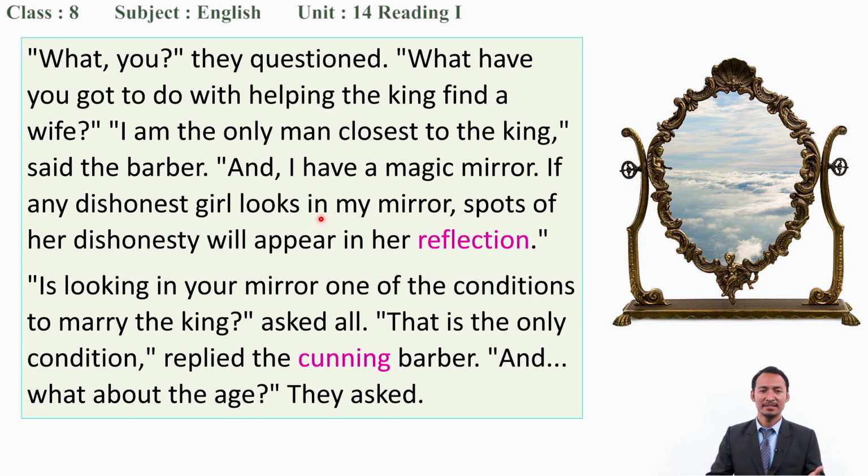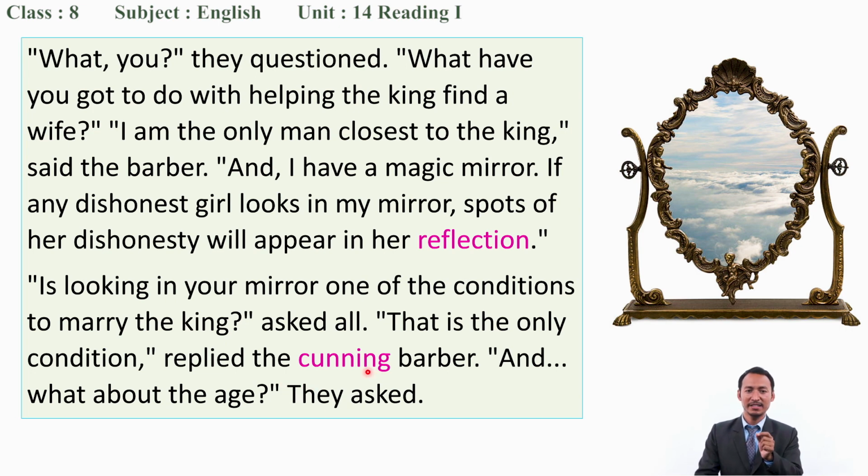Barber says this thing. Is looking in your mirror one of the conditions to marry the king? Asked all. All were surprised and asked. सबैले सोध्छन् तिम्रो मिररमा हेरेर चाहिँ कन्डिसन हो किङले चाहिँ म्यारी गर्ने. सबैले हेर्नै पर्छ तिम्रो मिररमा. सबैले सोधे. And then that is the only condition, replied the cunning barber.